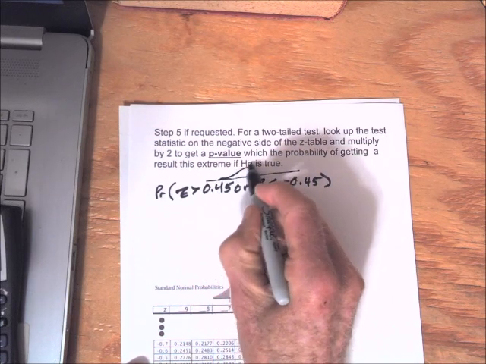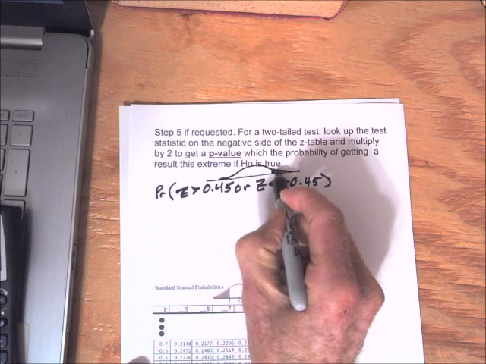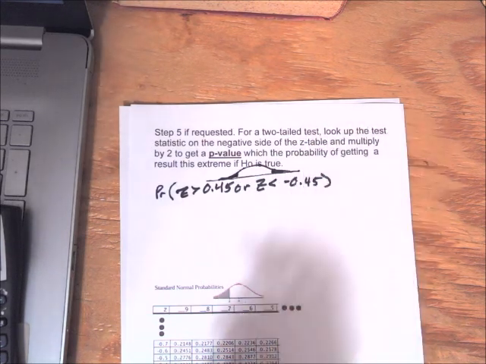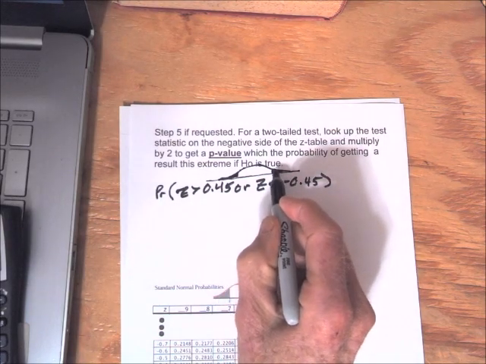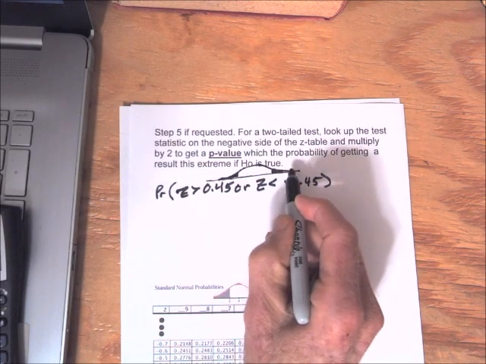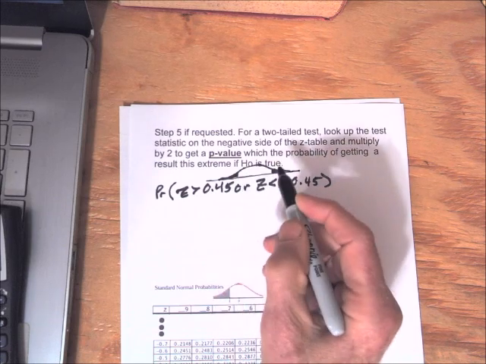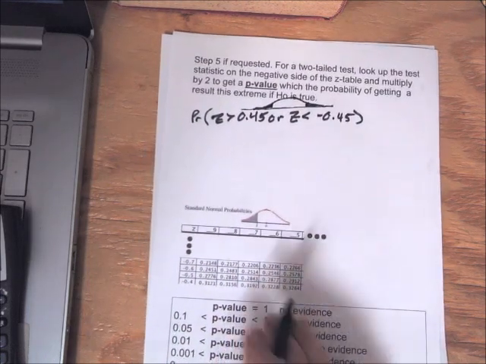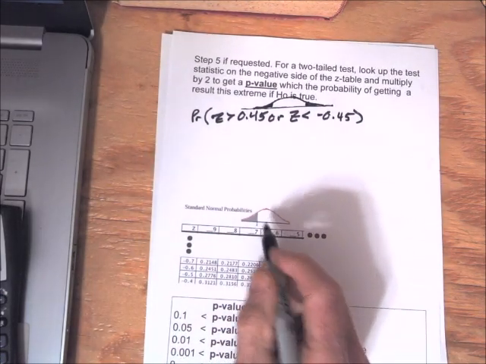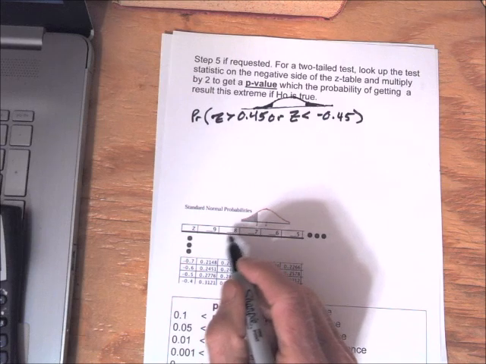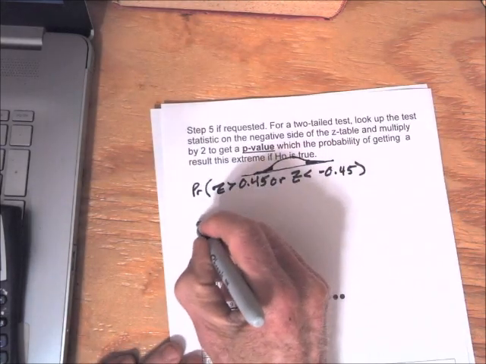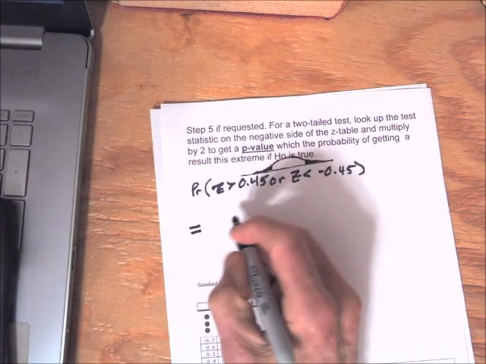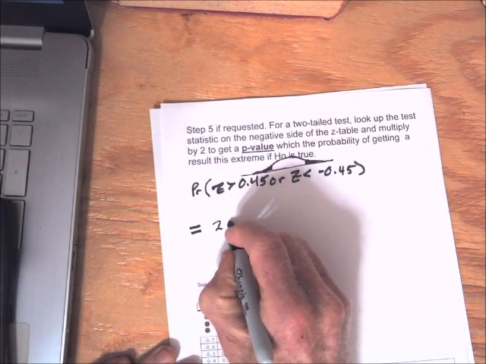So the picture looks something like this, and the shaded area represents the probability of getting a result that extreme. So I want the probability that z is either greater than a positive 0.45 or less than a negative 0.45. Well, this is a two-tailed test, but our z-table, the one that we're using anyway, only has a left tail in it. So in order to compute the p-value using our table, we need to use the left tail and multiply by 2.